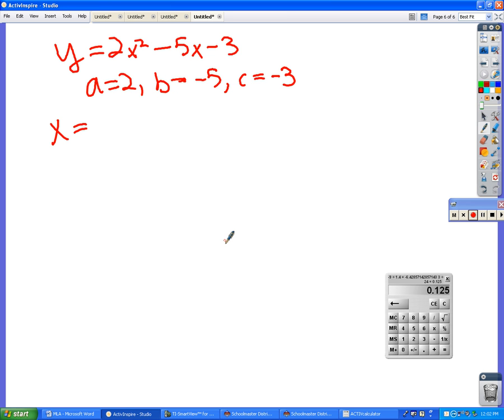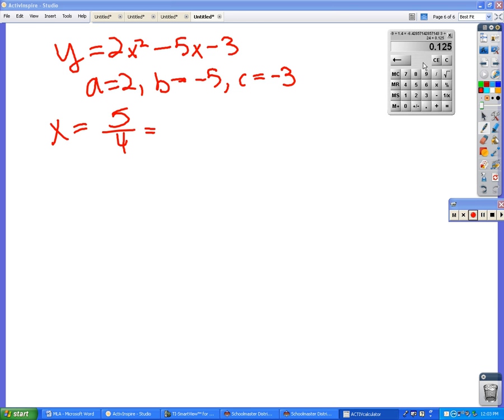Divided by 2 times A, which is 4. So the x-coordinate of my vertex would be 5/4. Or if you wanted to write that as a decimal, because everybody loves decimals better than fractions except for Nolan, it is 1.25. Is there anything crazy that I've done? Not really, right?